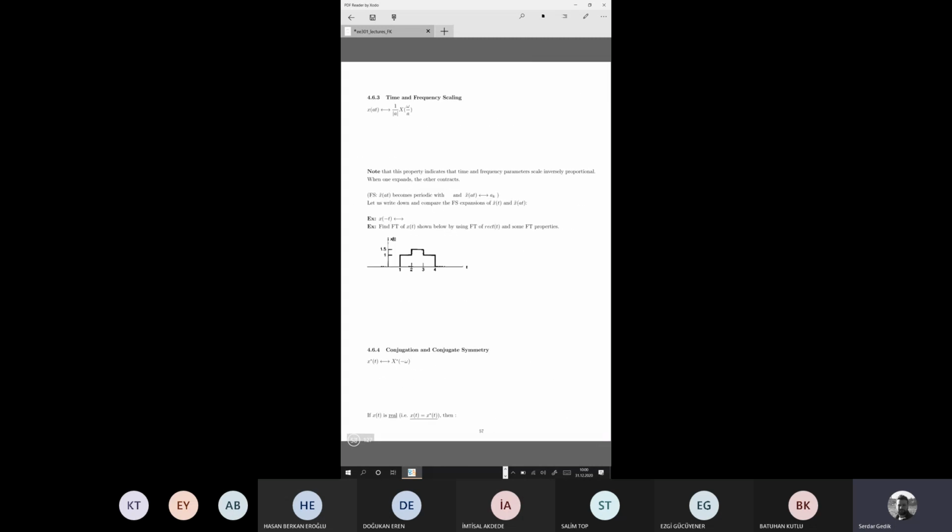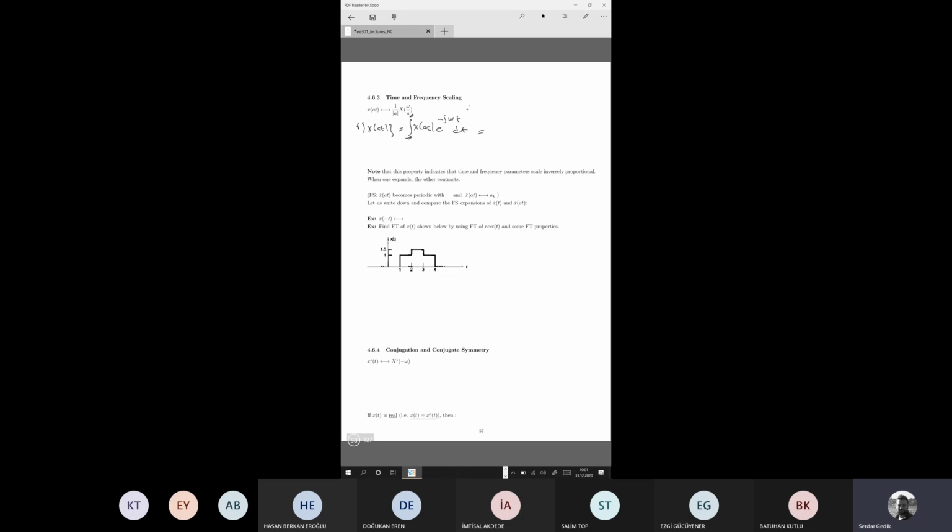Well, what else? Time and frequency scaling. If you scale the time, frequency is also scaled accordingly. So what is this? If you have the Fourier transform of x of at, this is nothing but the integral from minus infinity to plus infinity of x of at e to the power minus j omega t dt.